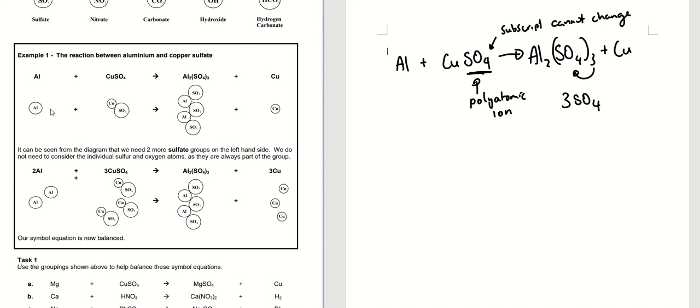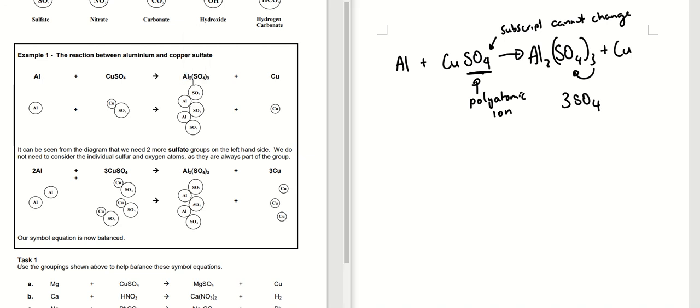Shows you the example here. If we have 2 aluminiums, you make it 2 in front here, and also we have 3 sulfates, so we need to balance it out by having 3 sulfates on this side in comparison to that, and then you have 3 balanced here, 3 balanced like so.